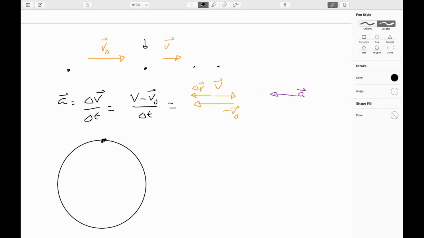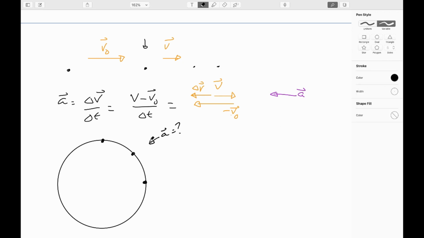Draw in some points on the circle, and I'm trying to make them evenly spaced. There we go. So let's say we want to figure out what the acceleration is at this point here.